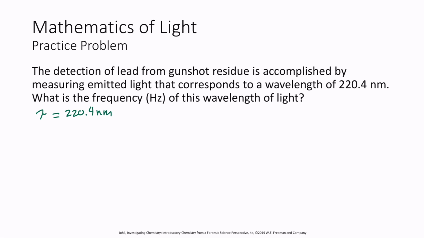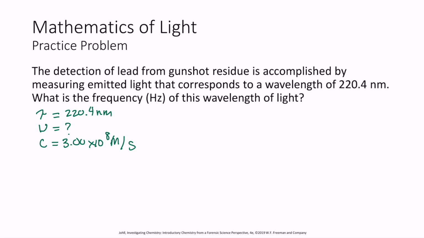What is the frequency of this wavelength of light? Now, I want to solve for the frequency, and I know from the previous slide that the speed of light is 3 times 10 to the 8 meters per second.